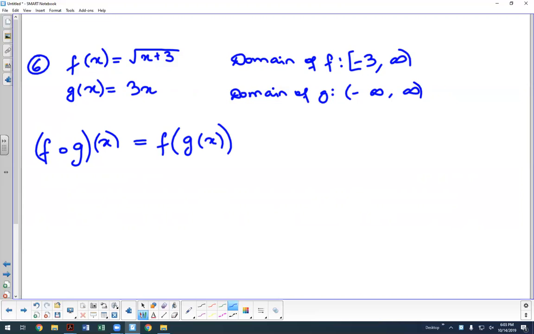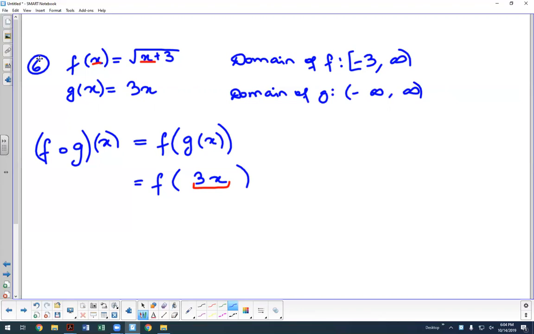Since we're doing this in general terms and not actually evaluating at a given value of x, that literally means in my f function, I am going to replace wherever I see an x with my g of x function, and in this case, that happens to be 3x. So everywhere that I have x in my original f function, I am going to replace it with 3x.